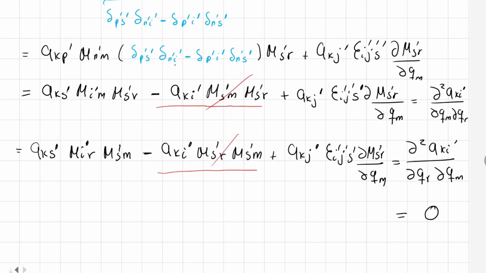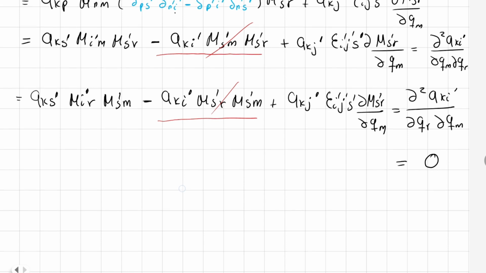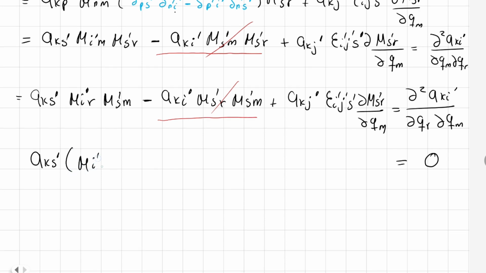And then we are going to get this term minus this term, which is going to be A K S as a common factor, M I M M S R minus M I R M S M, like this, and then we are going to have plus A K J as a common factor.